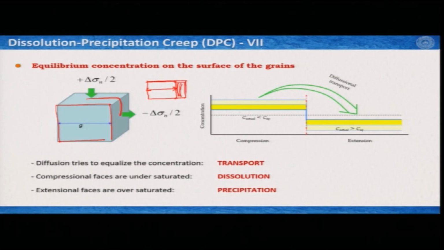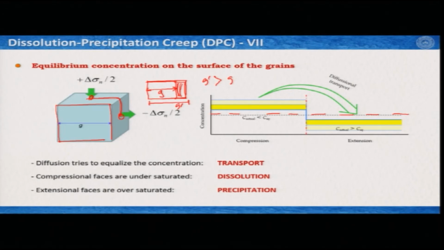So, eventually you are getting something which is greater than g, say g prime. So, clearly g prime is greater than g, and therefore, you achieve some sort of strain, and slowly you also approach the equilibrium concentration from this part to this part. So, diffusion then tries to equalize the concentration. If that happens, then you are doing the transport.